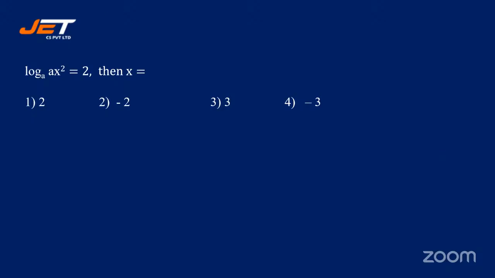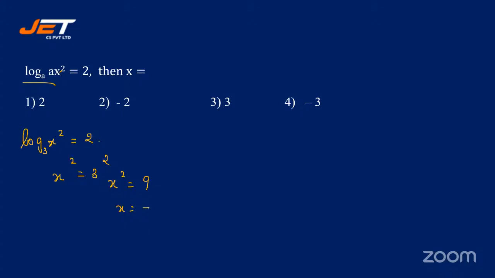There is one small error in this question, right? So it should be log x square base 3 is equal to 2. Okay. So x square is equal to 3 square. So x square is equal to 9.